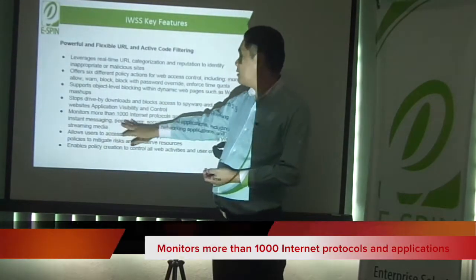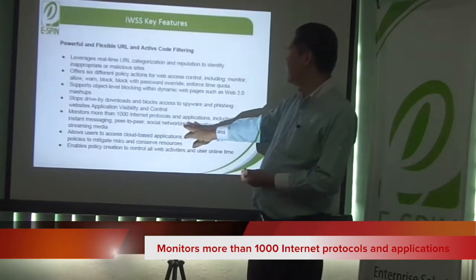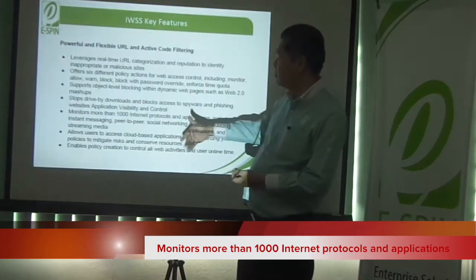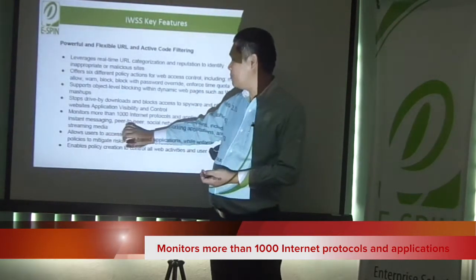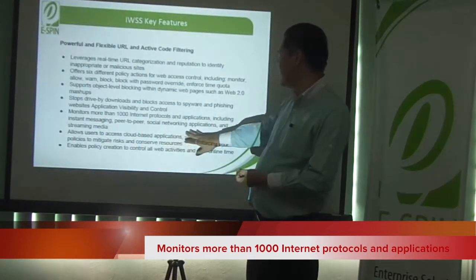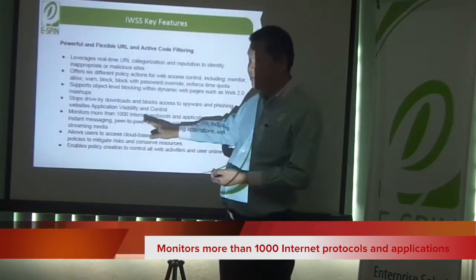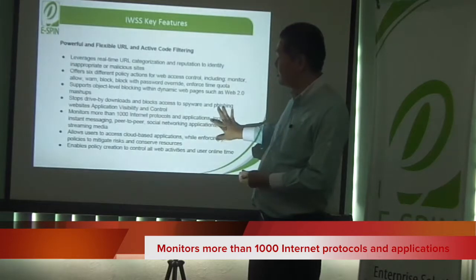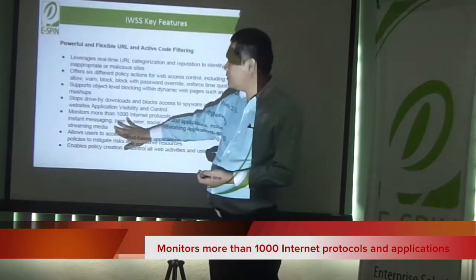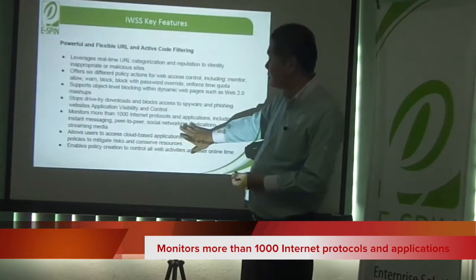Application visibility and control. Right? They cover more than 1,000 internet protocols and applications, including instant messaging, peer-to-peer, social networking applications, and streaming media. Right? Most modern organizations are concerned about properly controlling those.